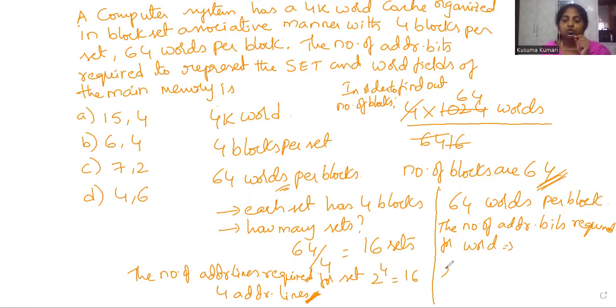It is 2 power 6 equals 64, we know that. So that means 6 address bits to identify the words. This is 4 address lines to identify the set, and 6 address bits to identify the word.